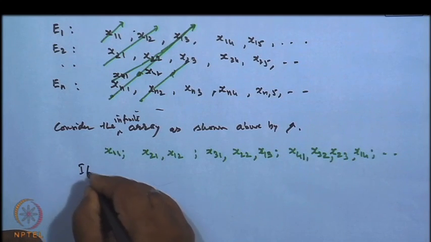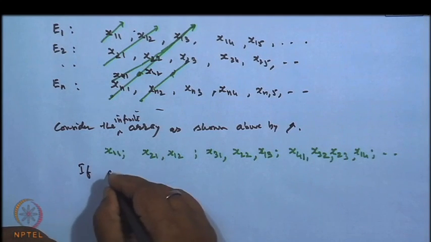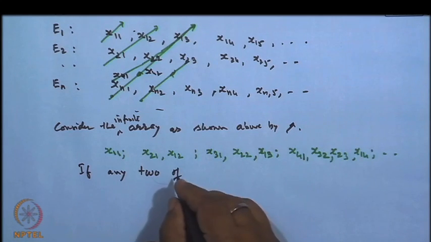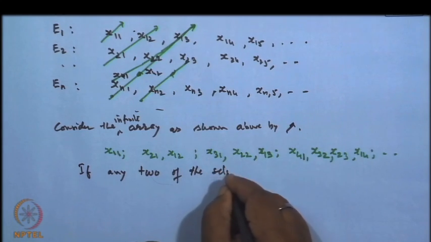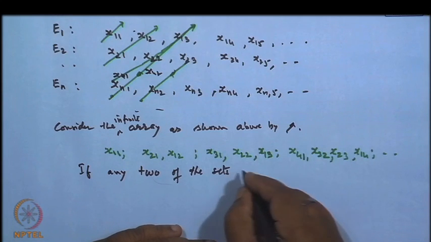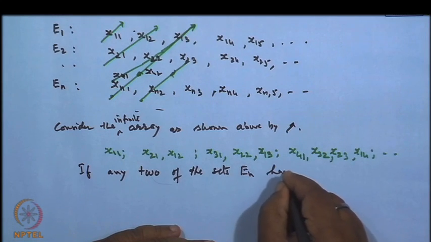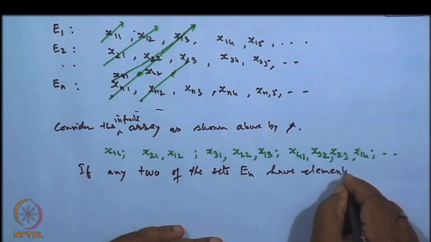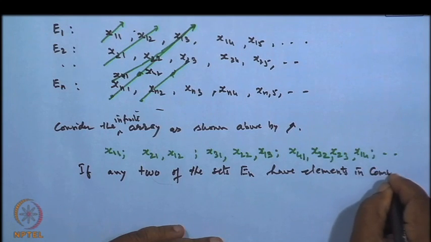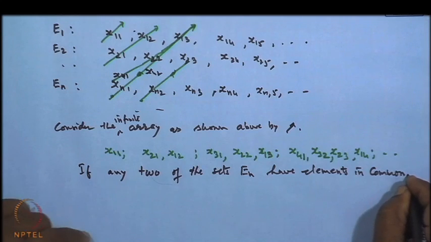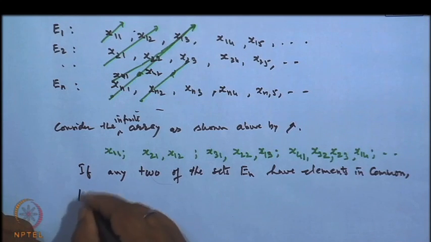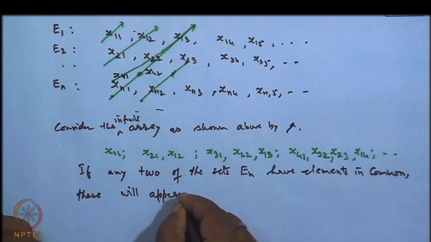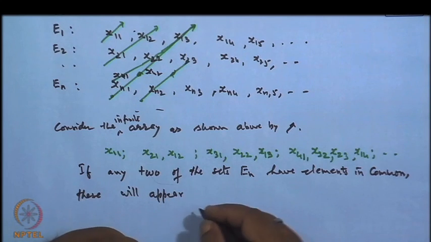If any two of the sets E n have elements in common, then these will appear more than once in this arrangement.